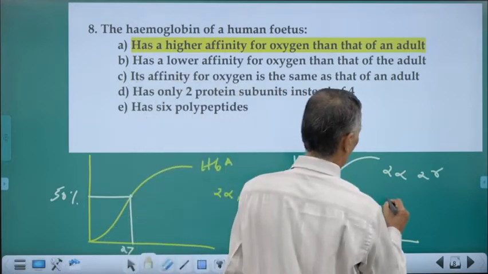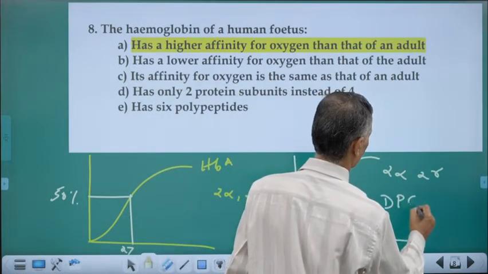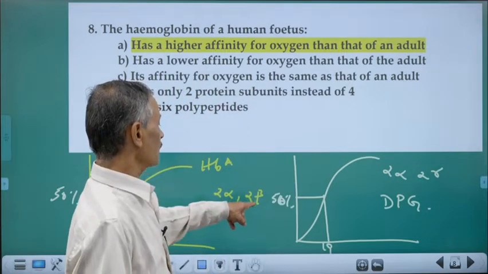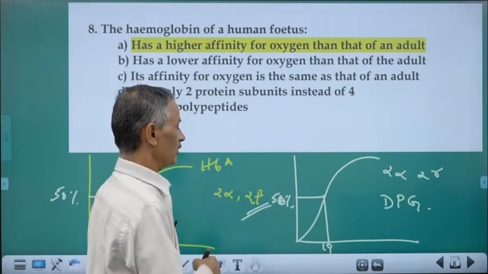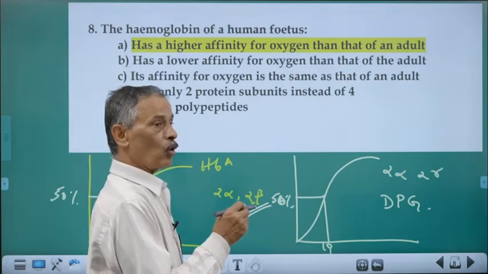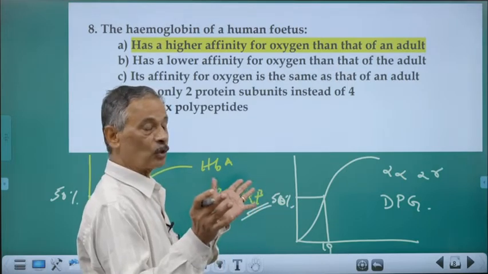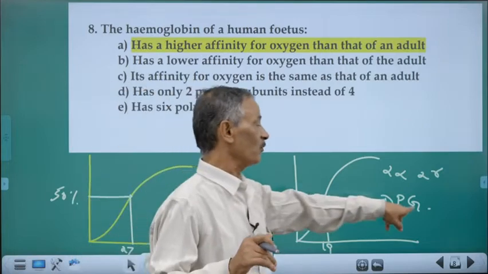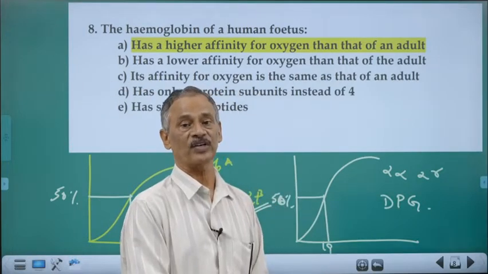DPG, diphosphoglycerate. This diphosphoglycerate acts through the beta chain of adult hemoglobin, causing more oxygen to be released. So dissociation of oxyhemoglobin will be favored by the presence of DPG, diphosphoglycerate.